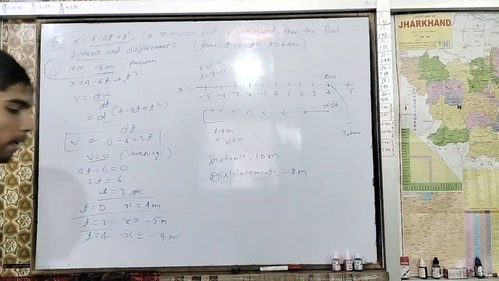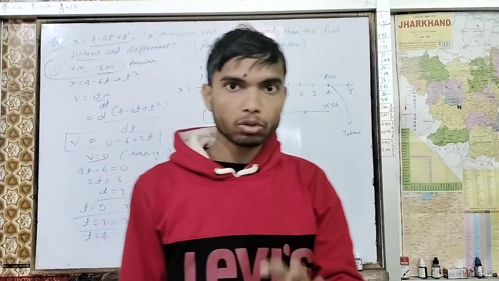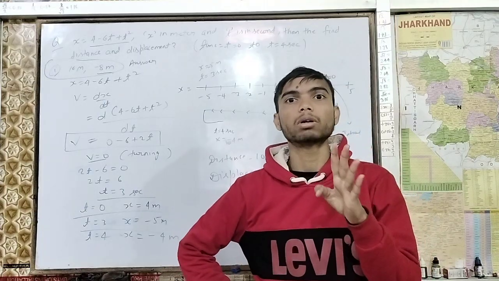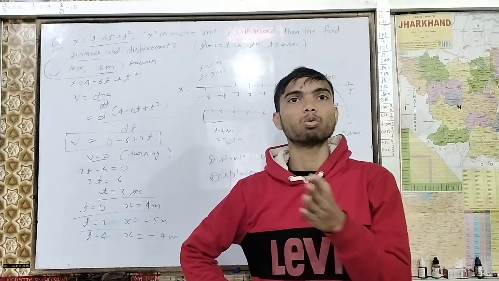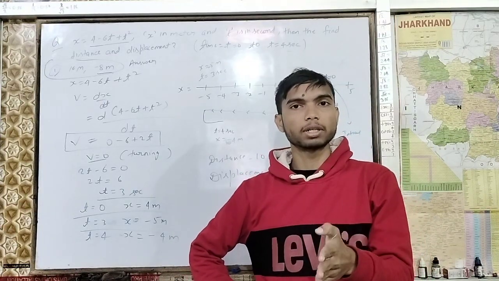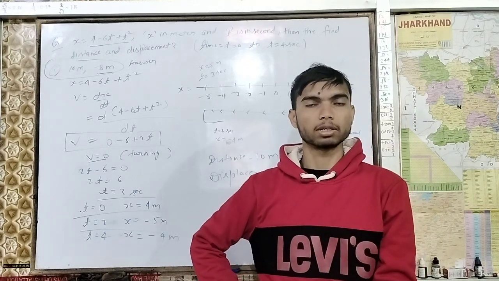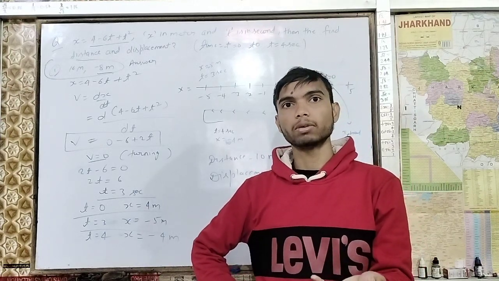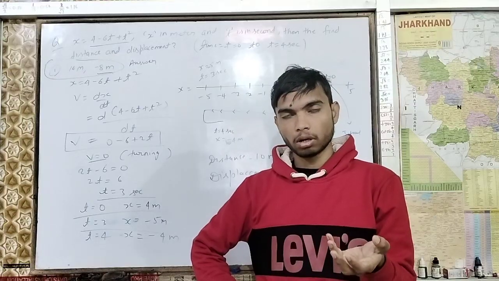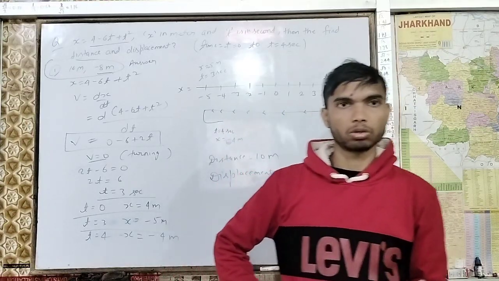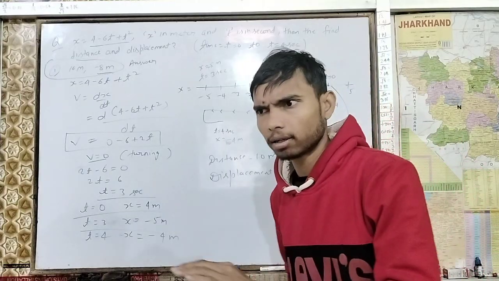The main thing is when it comes to distance, our focus will be on the turning point. At what second did the object take a turn? This turning point is compulsory. So for the turning point, we assume v as zero. So we are at the turning point.